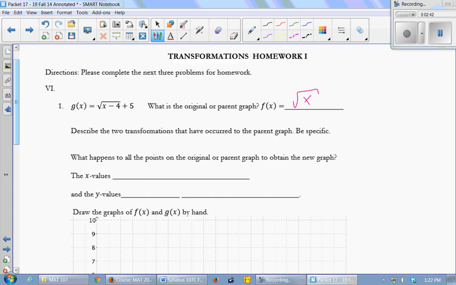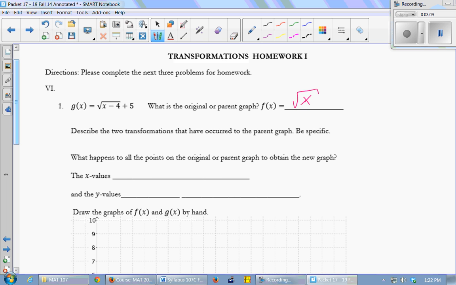We call it f of x because it's a different function from g, but yeah. So my parent function or basic function or original function is just the square root of x. And what two transformations have occurred to create g of x? How do I transform the graph of f into the graph of g?